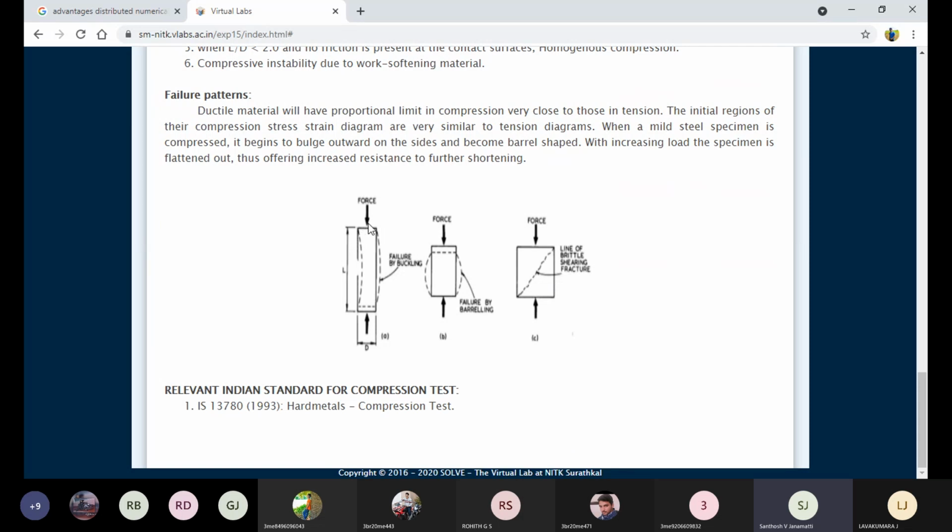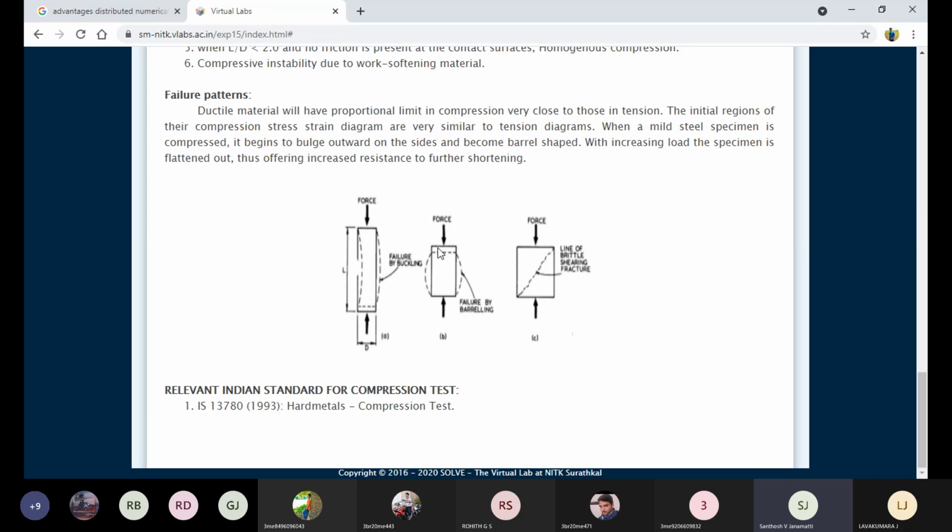Whenever this sample comes under compression load, you can expect this type of deformation. Here in the middle you may expect cracks to take place. So the failure is by buckling, right? Whenever it is longer in section or longer in length, this type of fracture may take place.